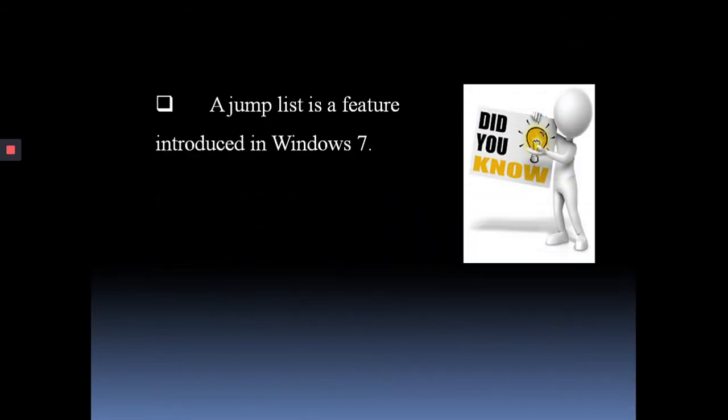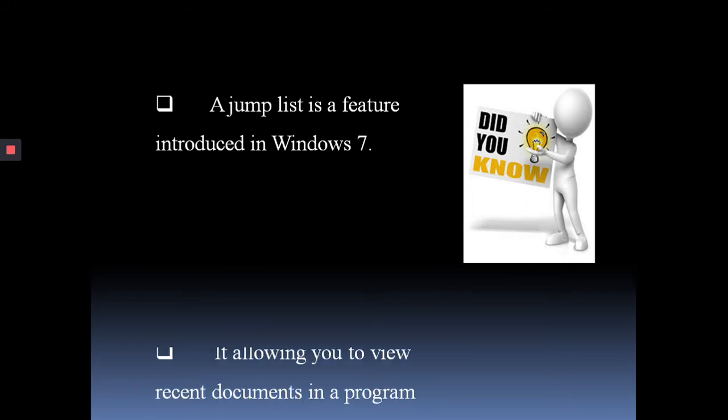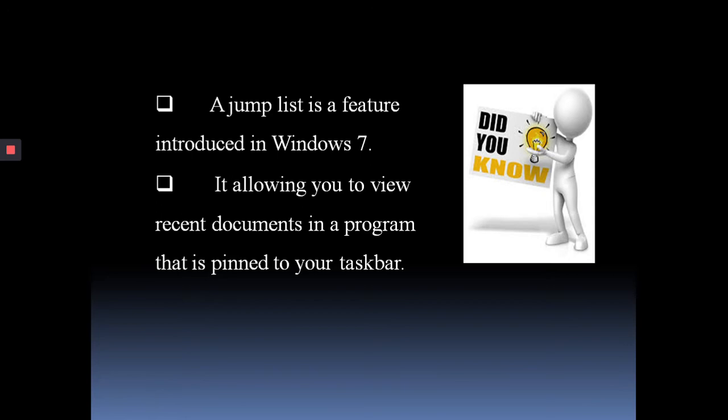A jump list is a feature introduced in the Windows 7 operating system, allowing you to view recent documents in a program that is pinned to your taskbar. If you want to open recent documents, we have to use the jump list.